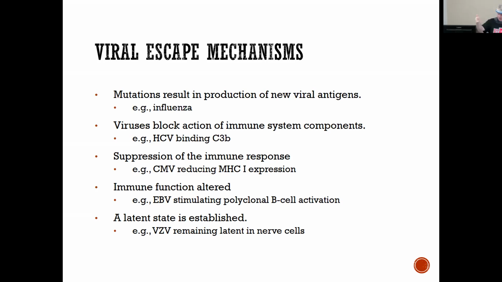But we do have the antibody that we can test for, and we'll talk more about this on Monday or Wednesday. I can't remember where we're going to end up with this. The cytomegalovirus does the same thing, reducing the expression of the MHC1. So if you go back to that very first picture, if you don't have that expression, then you don't have the cytotoxic T cell's ability to recognize that it's invaded that cell.